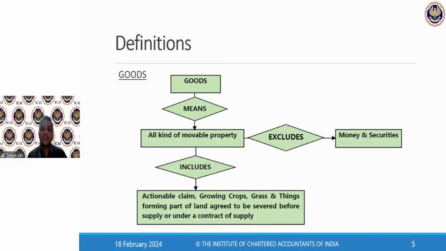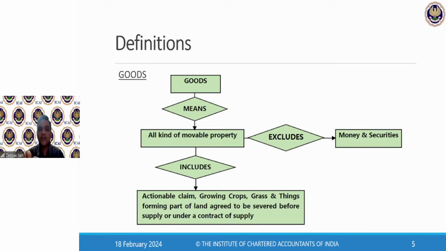And securities means shares, bonds, debentures. Okay, all of that is security. You're investing in security, you're getting equity out of it. So all kinds of securities and money are not goods. Okay, so this is the definition of goods.